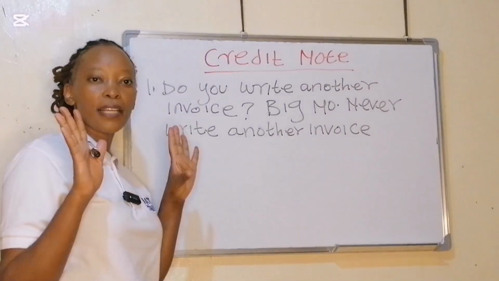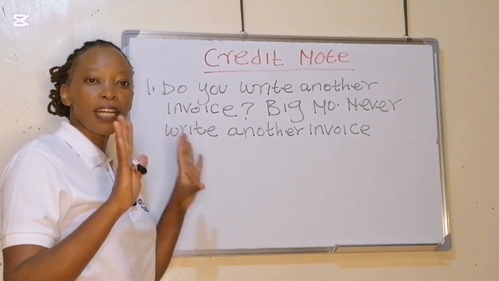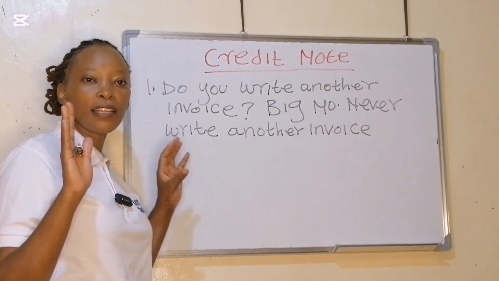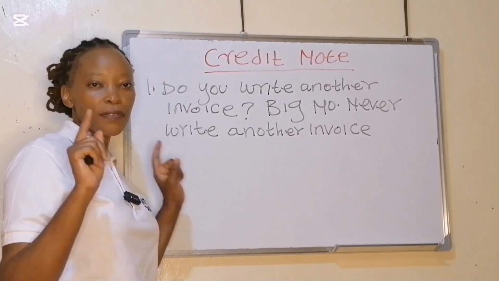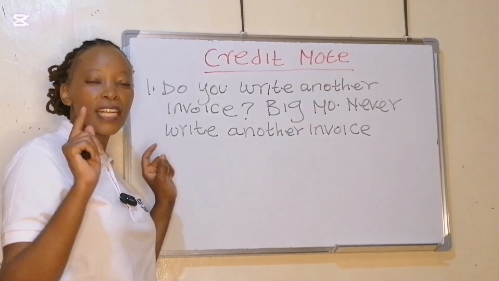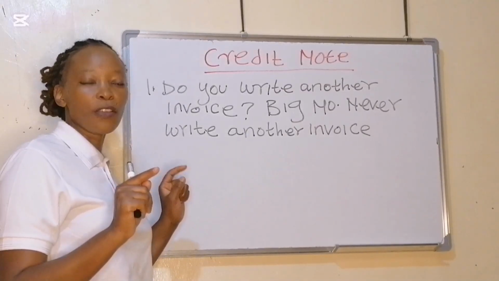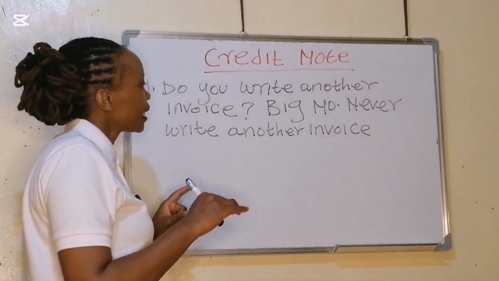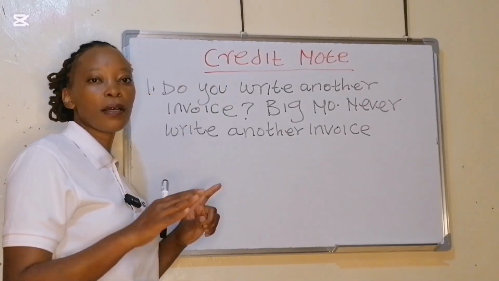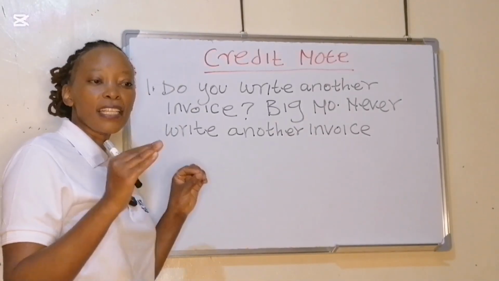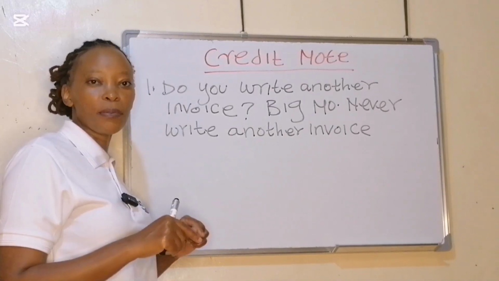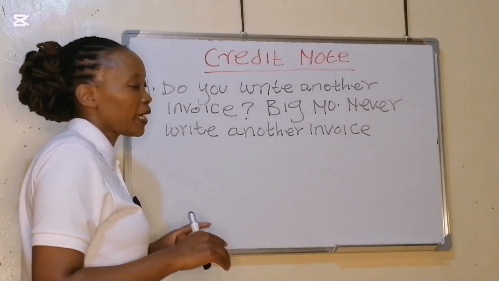The customer has returned some goods and you start writing another invoice. That is very wrong. If you have made a sale and issued a tax invoice, you don't write another invoice for that sale again because you find that you have made some errors.